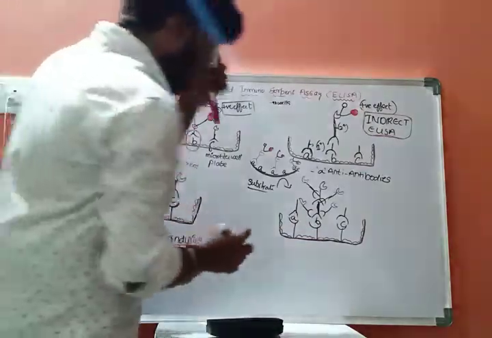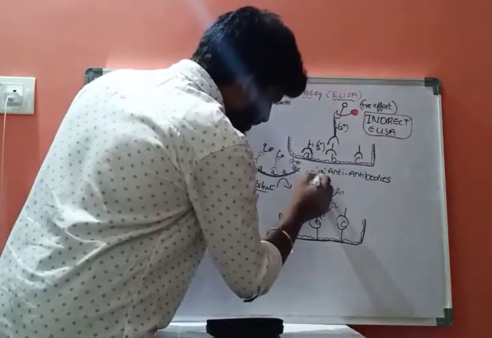After the addition of substrate, the colorless substance will get converted into a colorful substance.